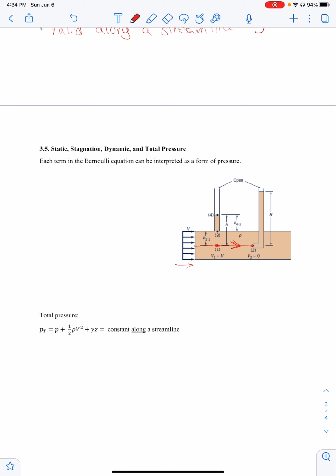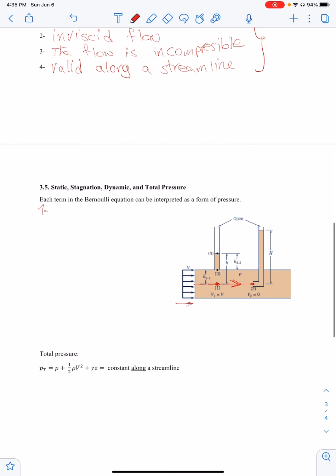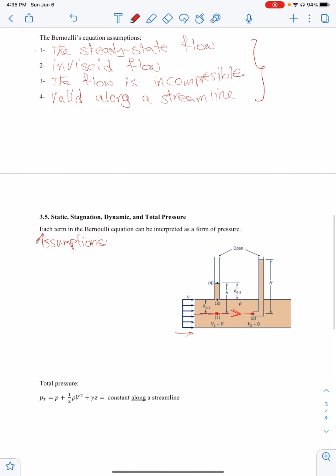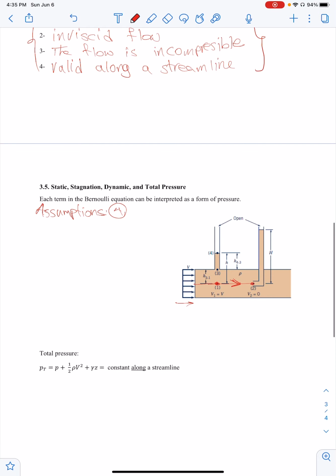So we have the first assumption, and we also need to make the other assumptions and write all of them down, which are these four here. I don't want to write them down again.